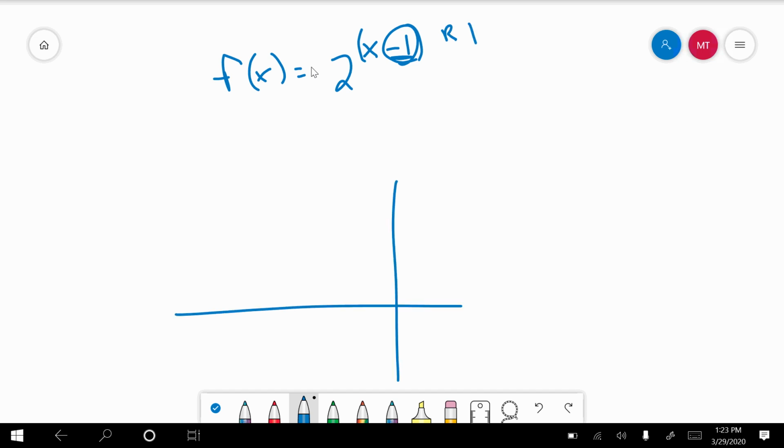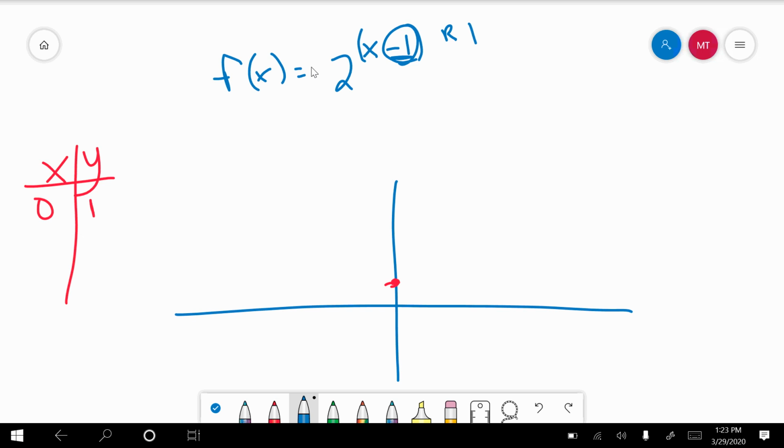Which means all my ordered pairs, I'm going to do my original here. My original was 1, 0. Well, watch what happens now. That's my original, in red. If I put a 0 in, I kicked out a 1.